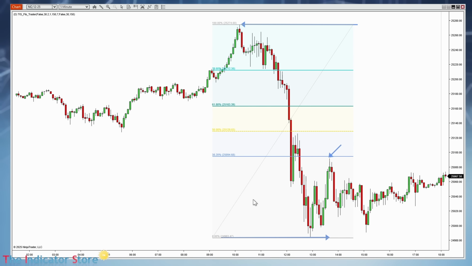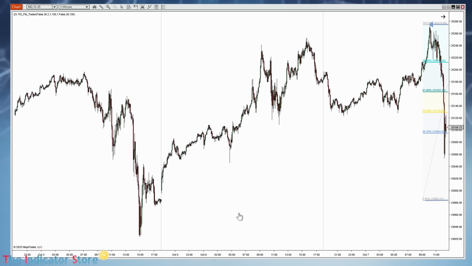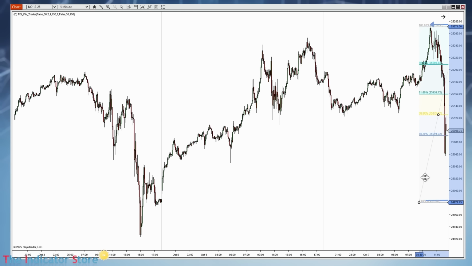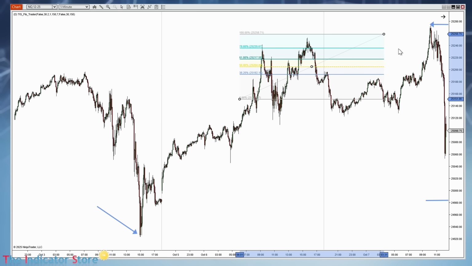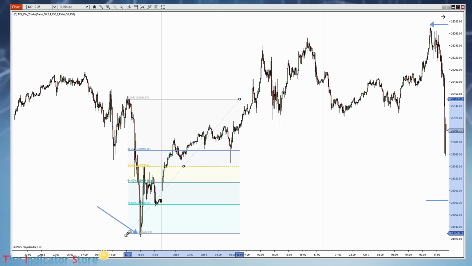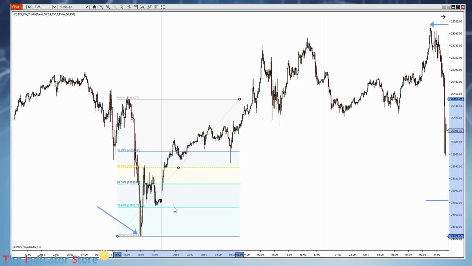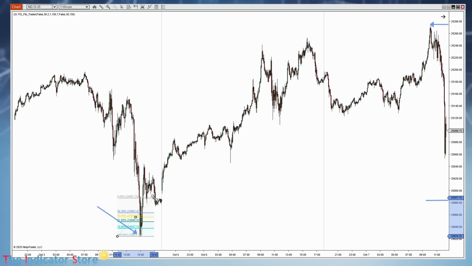Now the question is, as the market is moving, let's say we start from this pivot low. So the market is going up, and then we move the fibs to the upside. And let's say that we are here now.